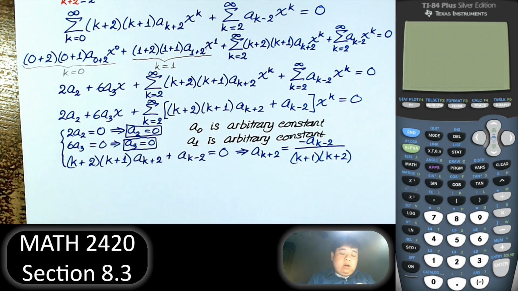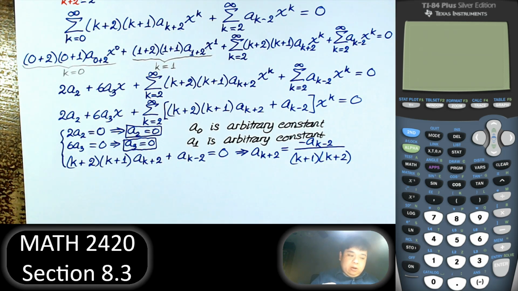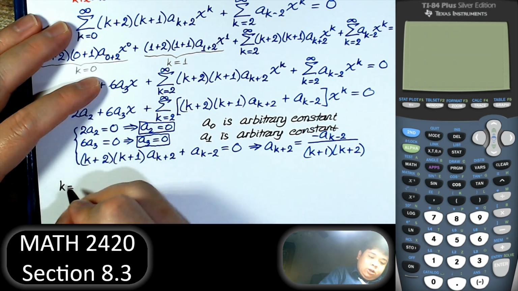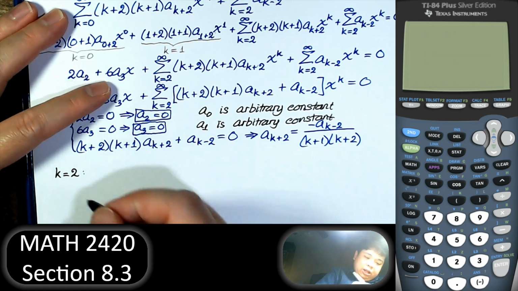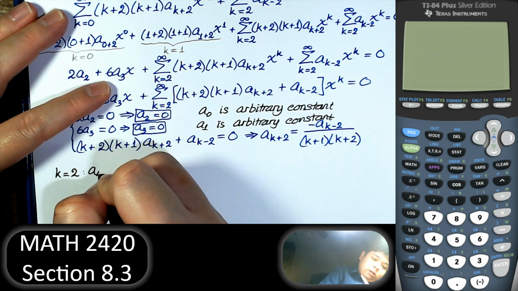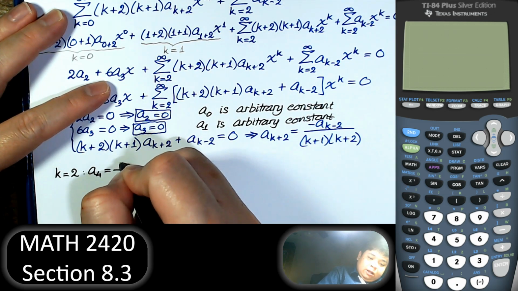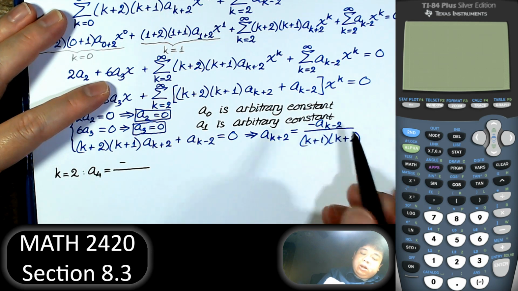Next we need a4. In order to have a4, k must be equal to 2, right? So let's choose k equal to 2. Put 2 in here. A of 4 equal to what? Negative. If we put 2 in here, 2 minus 2 is 0.